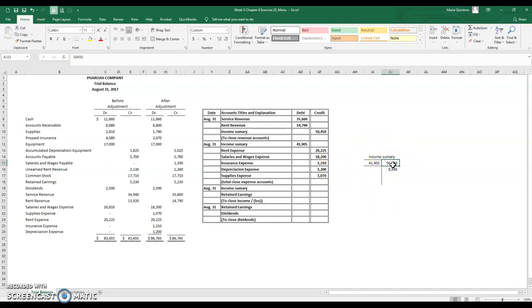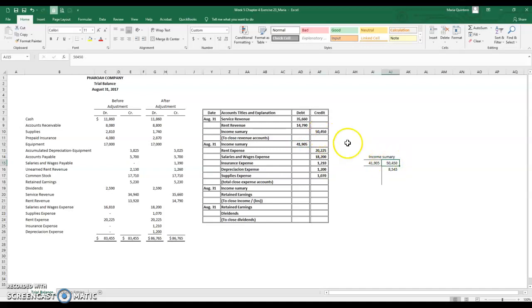The amount of the revenue, when we close it, then we debit all the expense accounts.